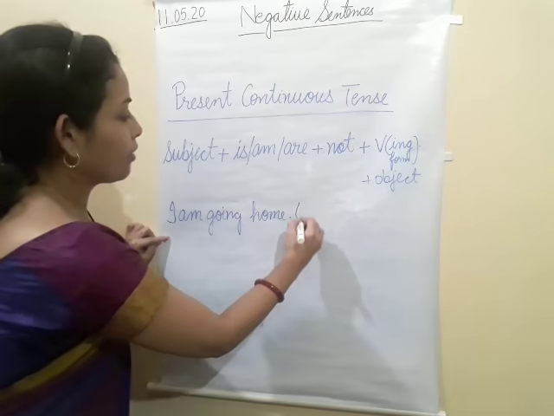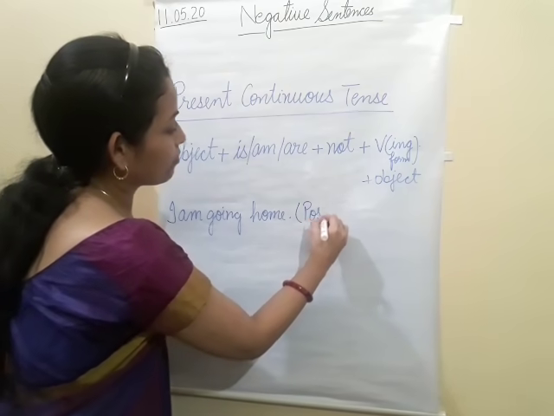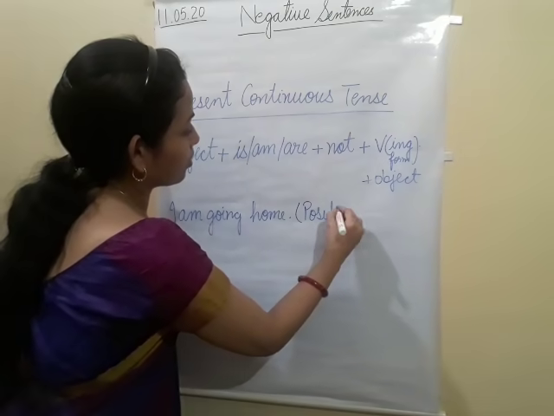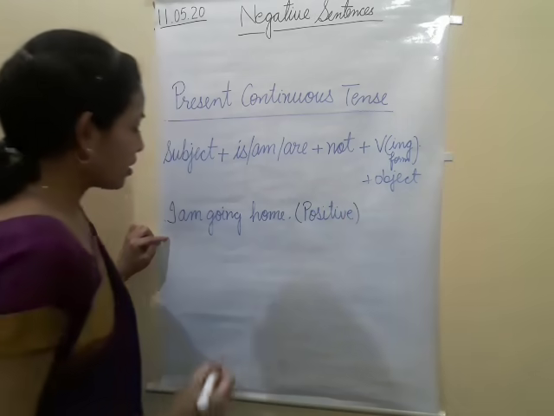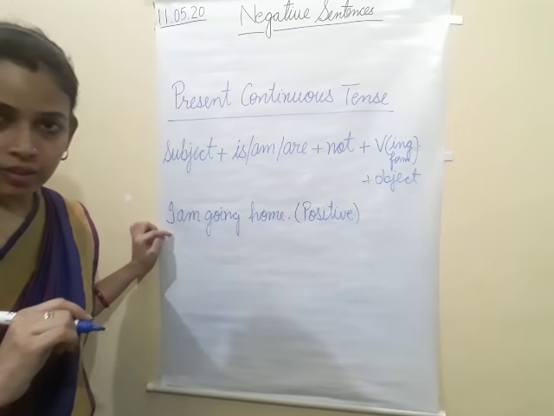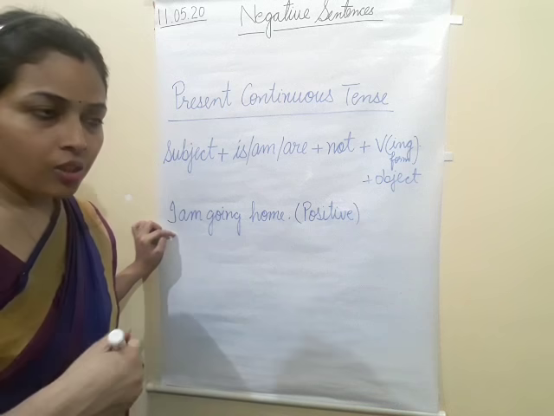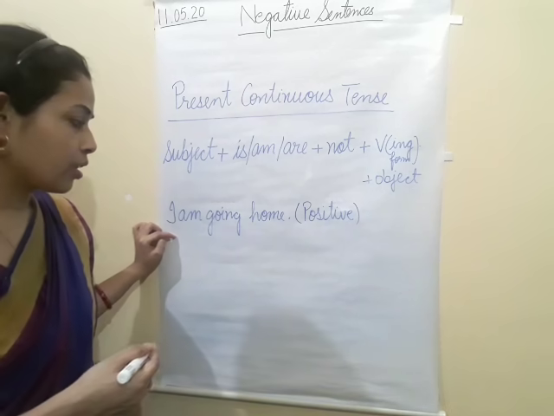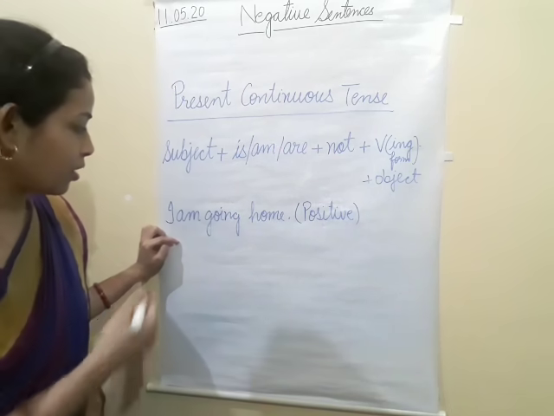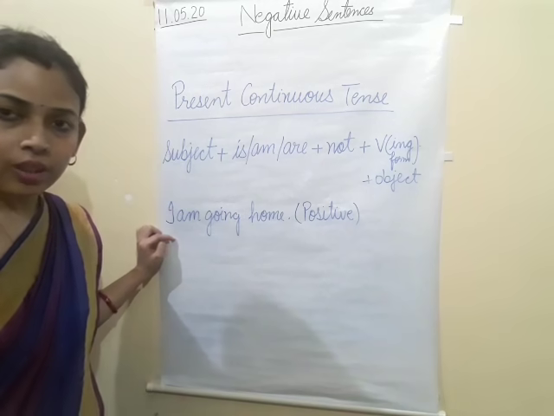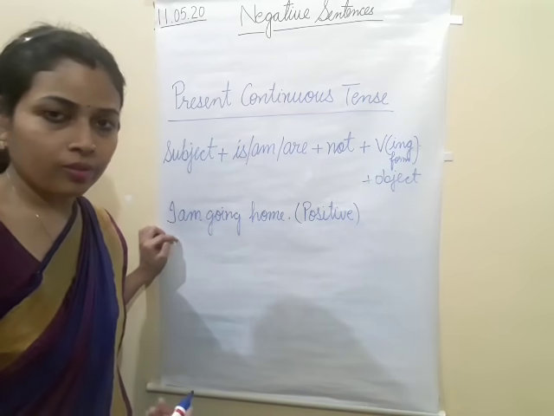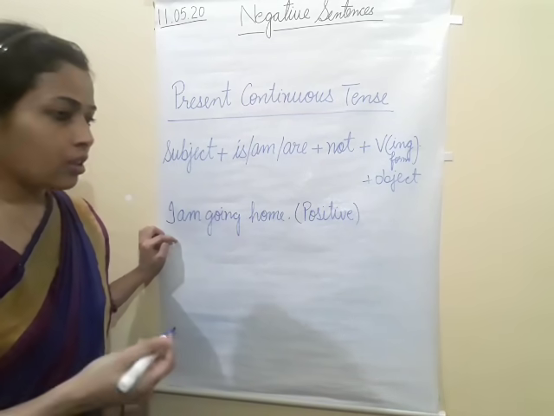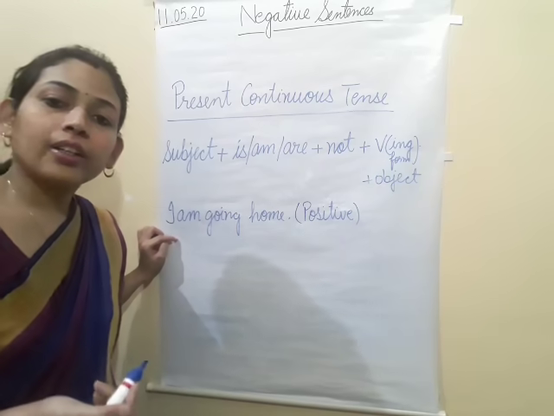This example I have written is positive. Positive examples I am writing here. I am reading a book. She is reading a book. Okay. I am playing football. I am going home. They are playing football. Ravi is writing a letter.